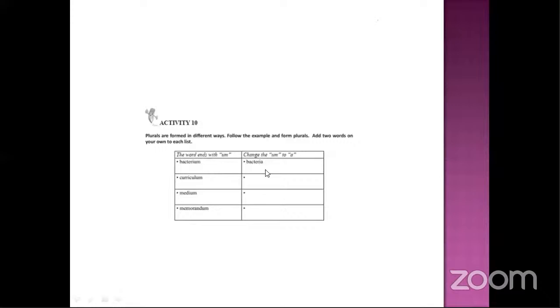So when you are pluralizing them, you have to cut that um and add the letter A. Next one, medium. What is the plural one? Media. Memorandum, memoranda.